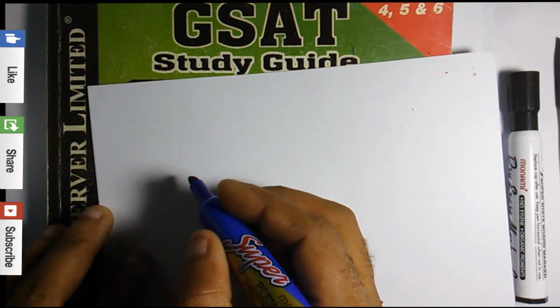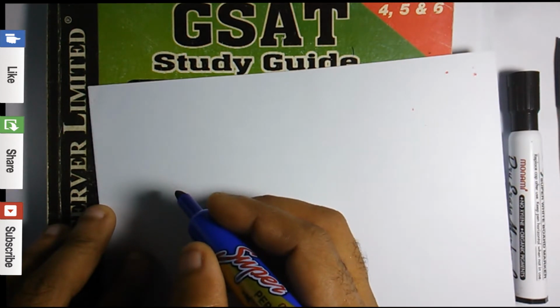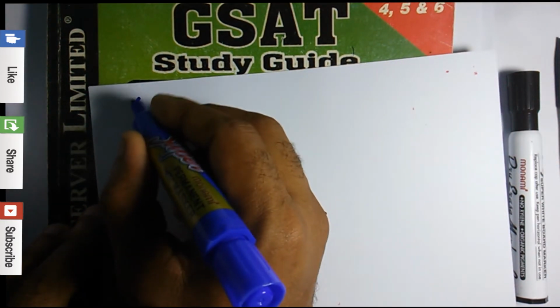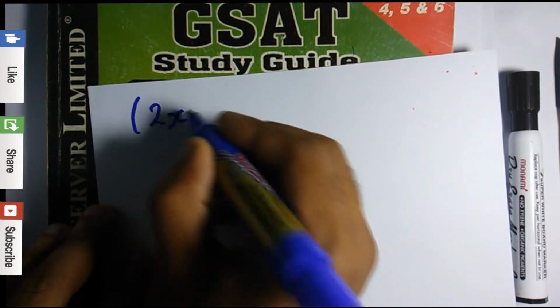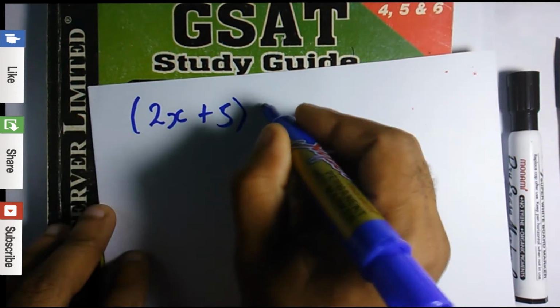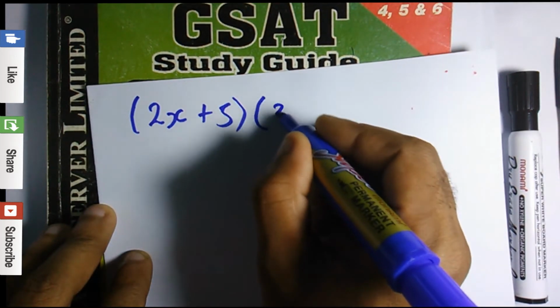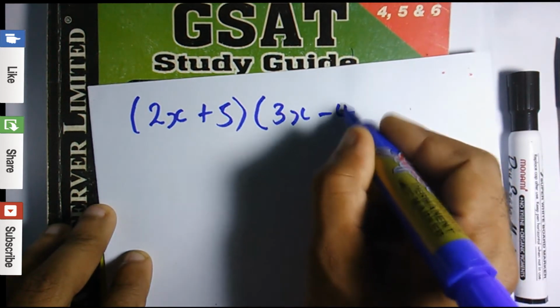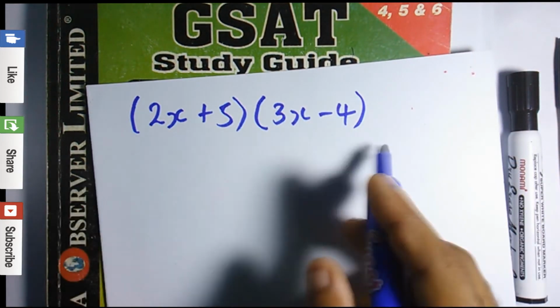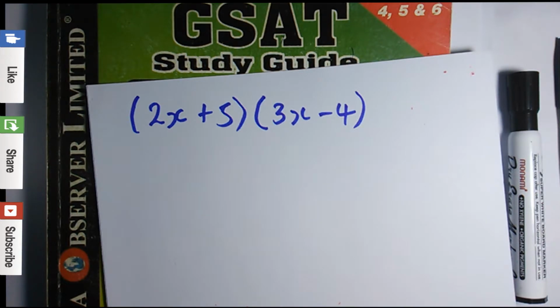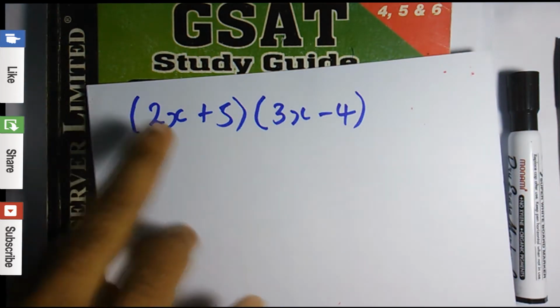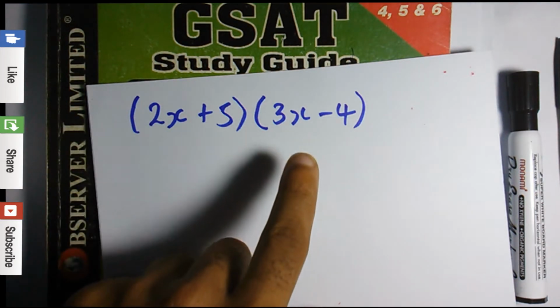With this one, we're going to expand and simplify. So we have 2x plus 5 times 3x minus 4. Now this is the product of two binomials. Remember, this is a binomial, this is also a binomial.